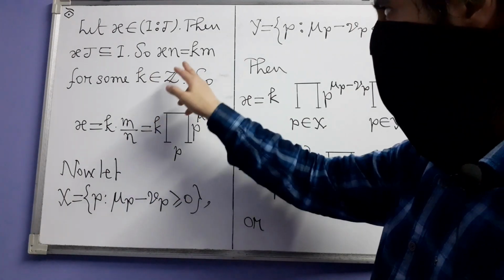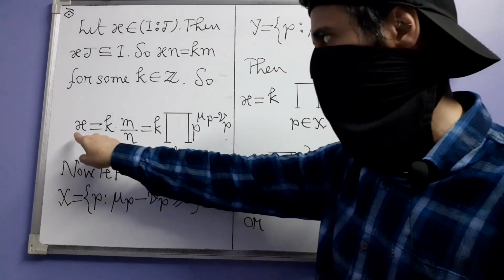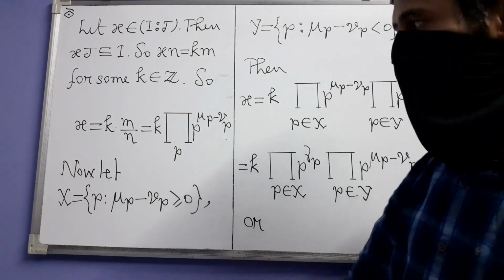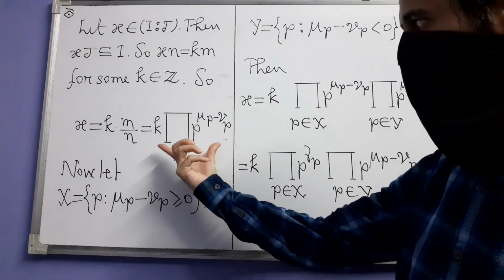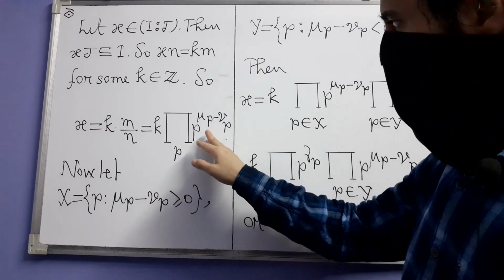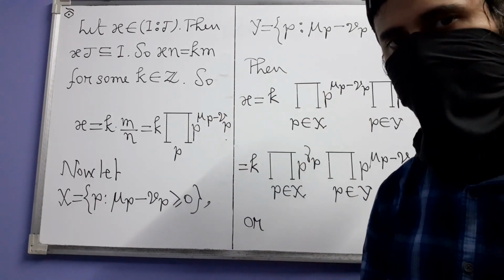Alright, so that means what? If you divide both sides by n, you then get x equals k times m divided by n. Now using the prime factorizations of m and n, we get this: p to the power mu p minus nu p.